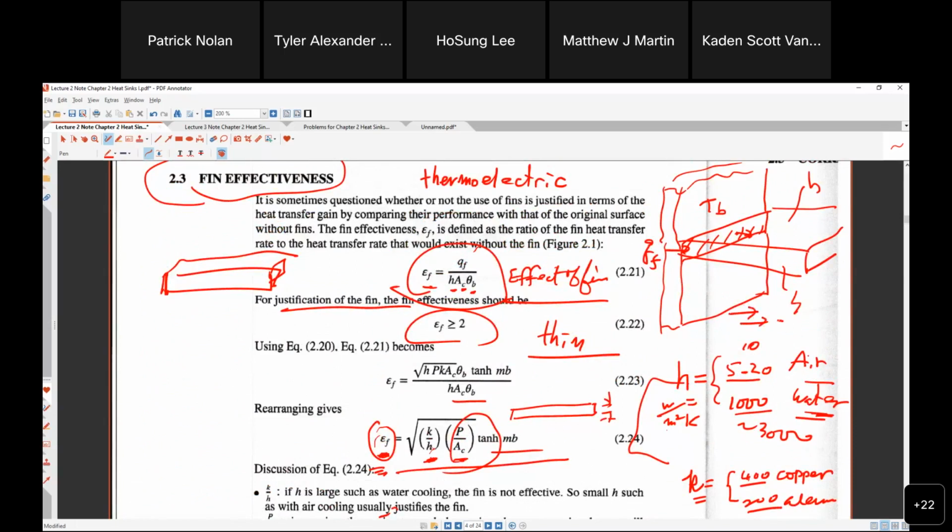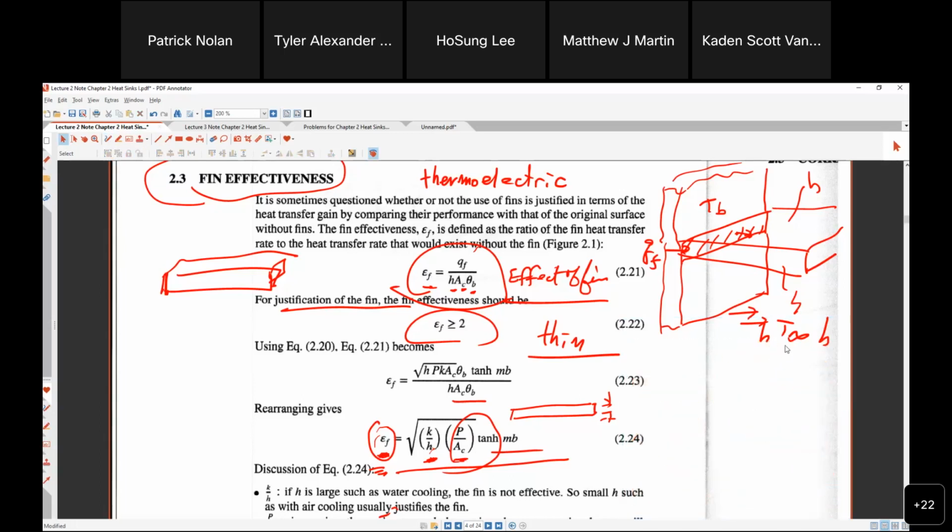Okay. T infinity, h. So can anyone figure out the Q possible maximum using the symbols?